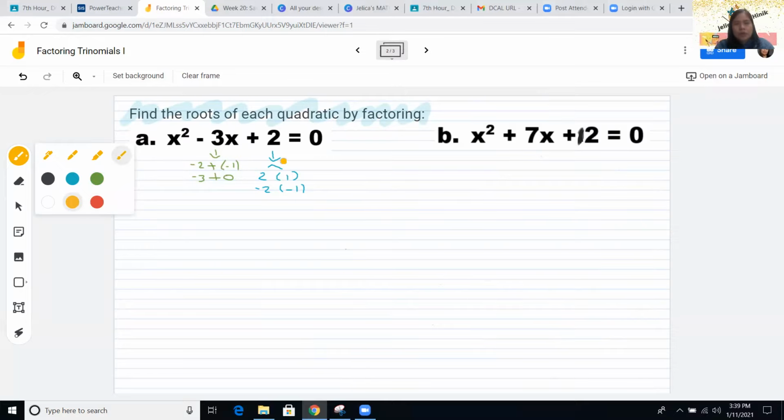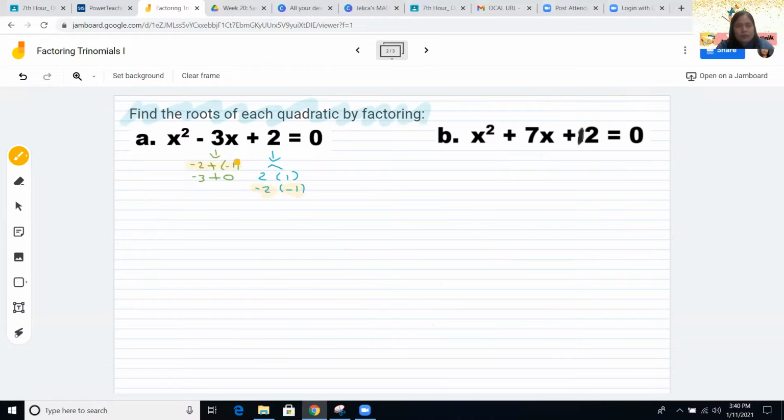However, we're looking for the same number that satisfies the constant term and also satisfies the linear term. So in here we have the same numbers, which are -2 and -1, that satisfy the factors of the constant term and also satisfy the sum.